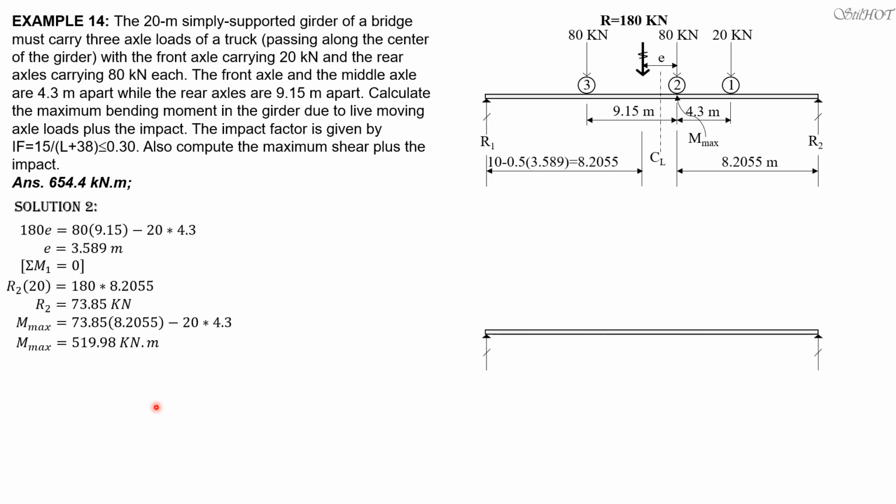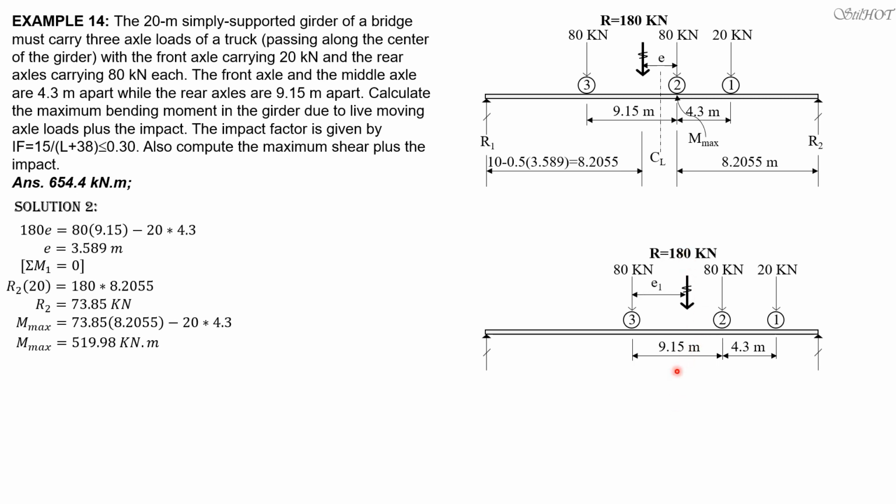Next, let's solve for the impact factor. By the way, if you are doubtful that the maximum moment occurs under load 2 rather than load 3, then we can check. I will show that the maximum moment occurs under load 2, not under load 3. But for the benefit of the doubt, let's solve for the maximum moment when it occurs under the 80 kilonewton load, which is marked load 3.